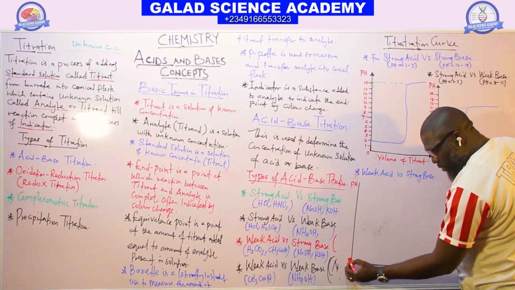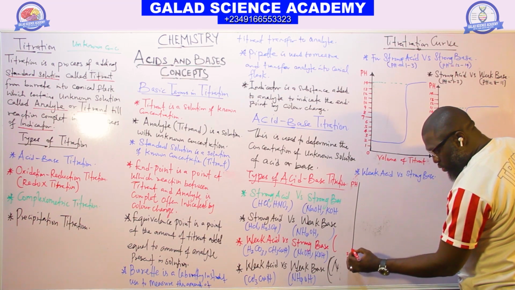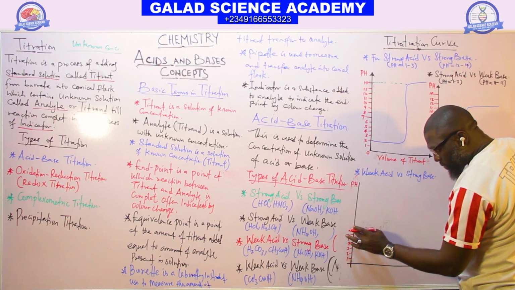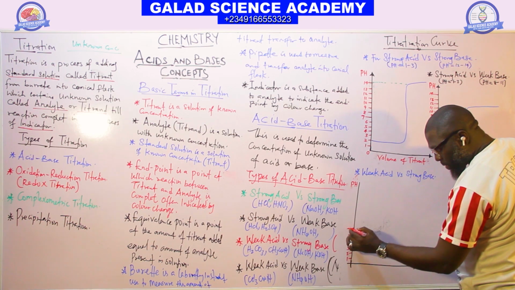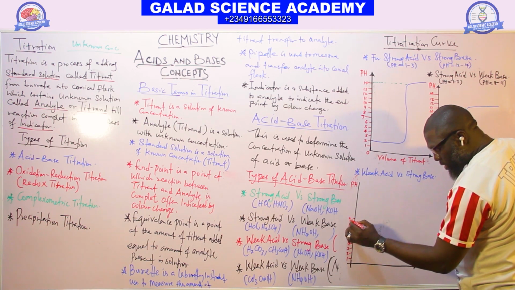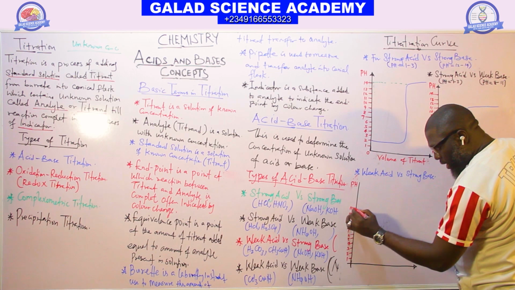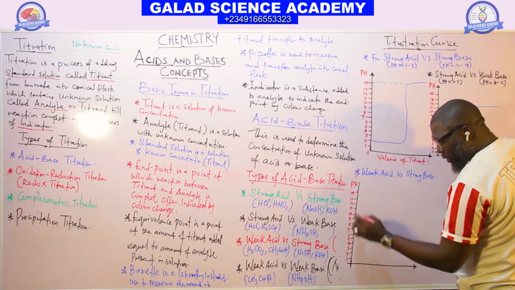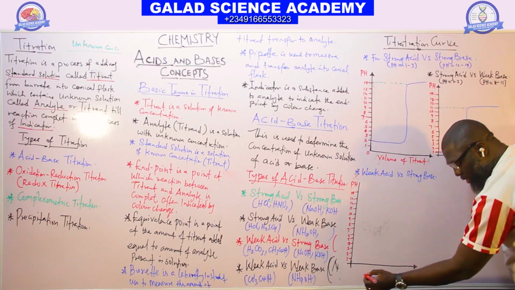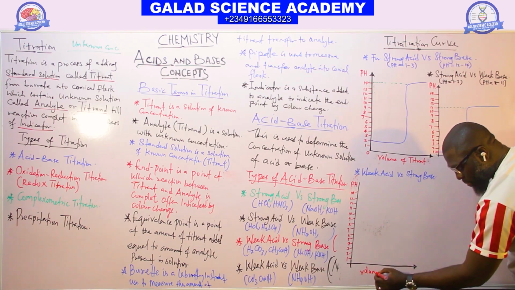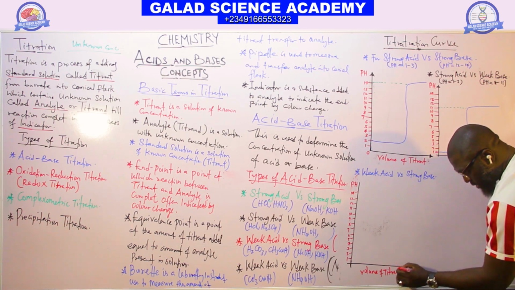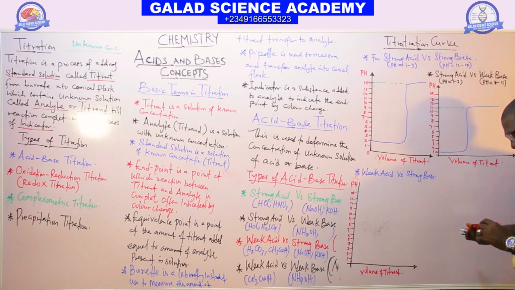So here we have 1, 2, 3, 4, 5, 6, 7, 8, 9, 10, 11, 12, 13, 14. This is volume of titrant.